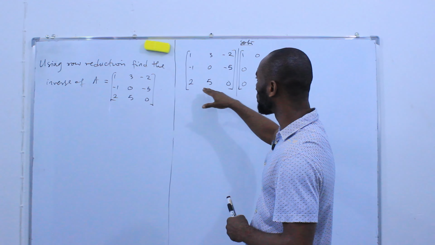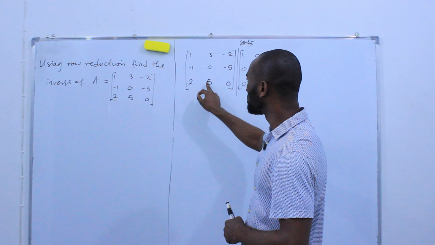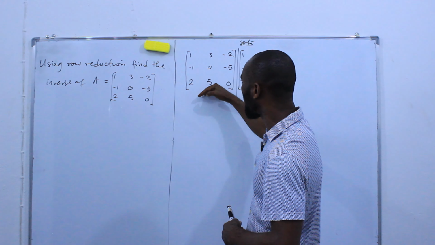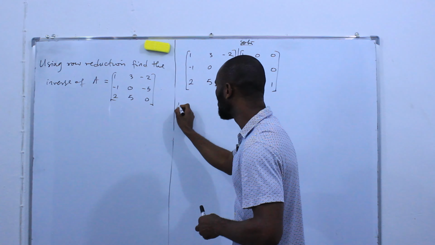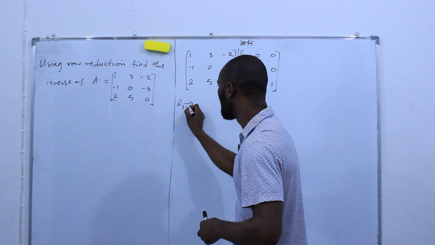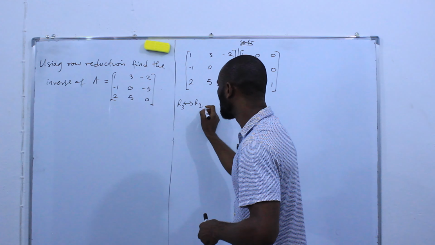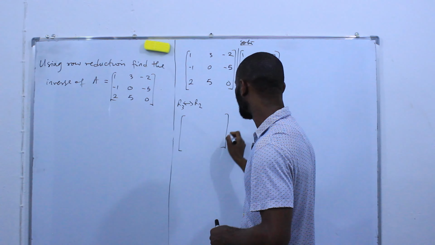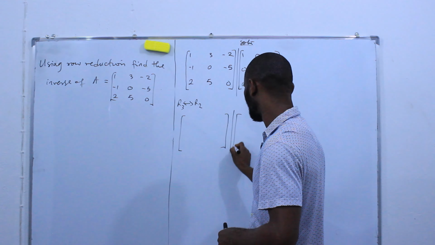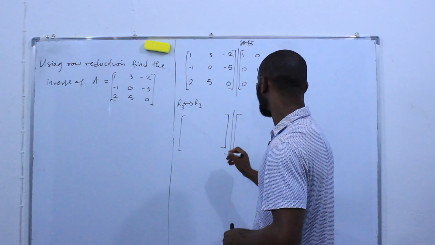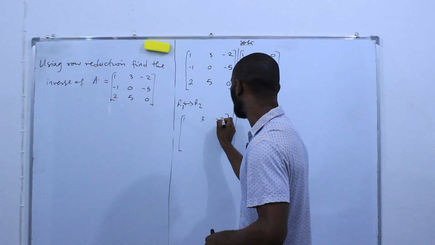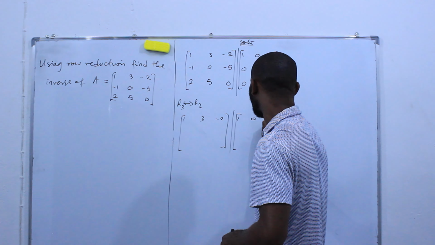So the first thing I'm going to do right now is to begin to make this last digit 0. To do that, I'm going to swap row 3 and row 2. Swapping row 3 and row 2 will give us 1, 3, minus 2, 1, 0, 0.